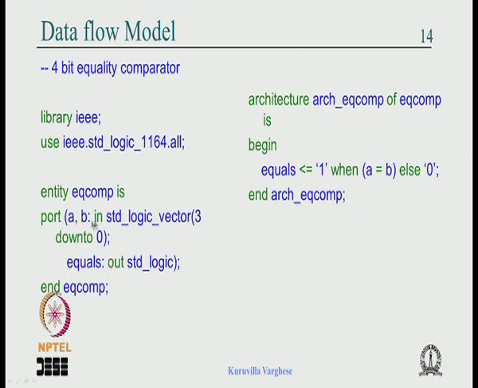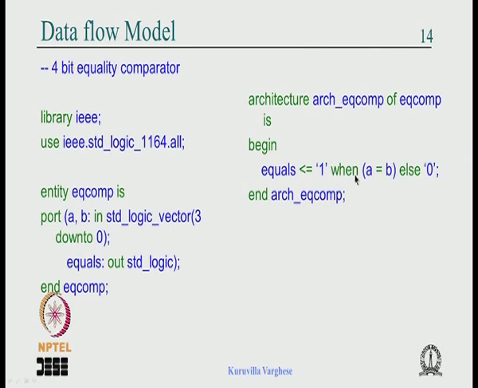You have A and B as input, which are 4-bit vectors, equal is a single bit output, and in the architecture we give a name for this particular entity, and you can declare many things. It is a simple code, so we need not declare. Then begin, and you say equal is assigned 1 when A is equal to B, else 0. That means when A and B are equal we get 1, otherwise we get 0.